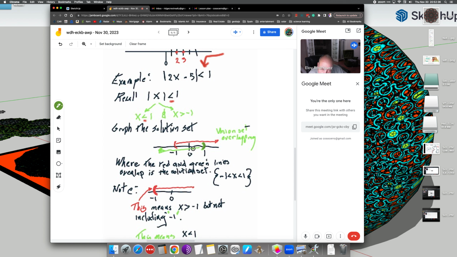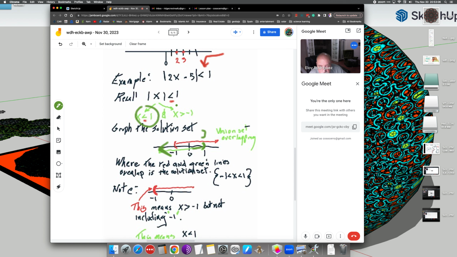It means that you can come right up close to 1, but you can't actually use 1. That's why it's rounded. If I wanted to include it, I would use a square bracket, or simply put a red solid point right there, and then an arrow out. So all values of x that are less than 1.